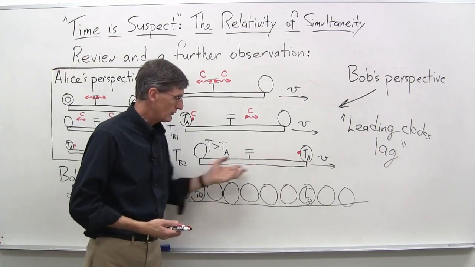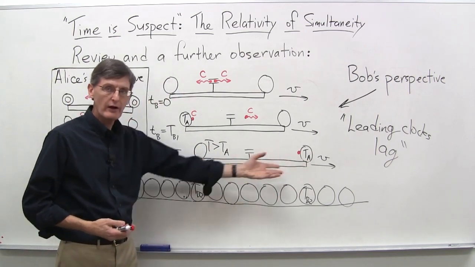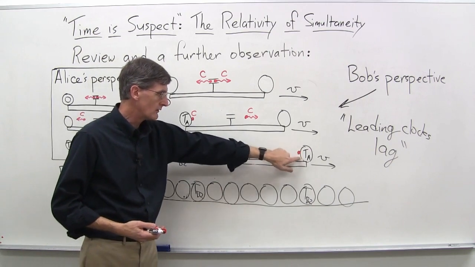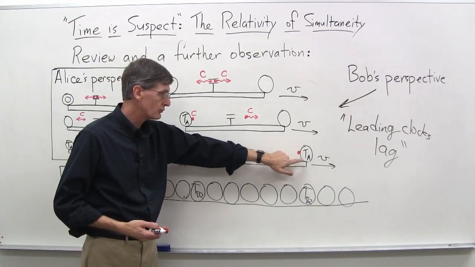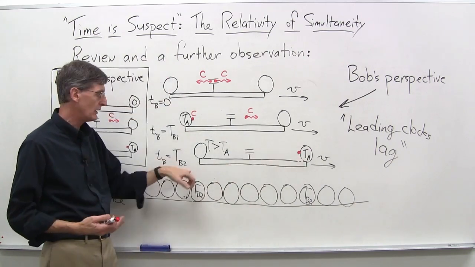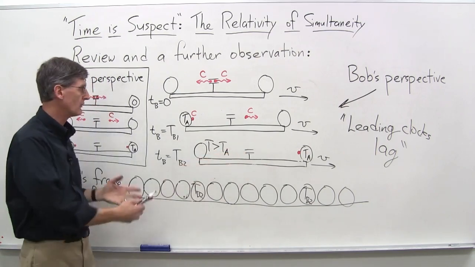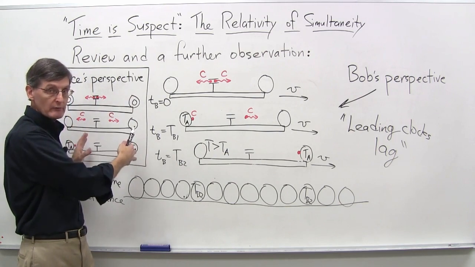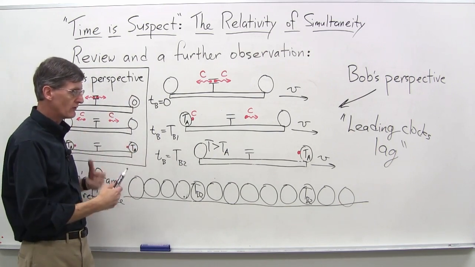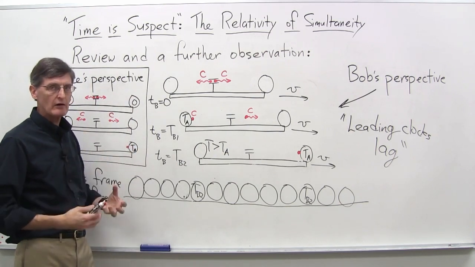If you have a set of clocks moving by you at a high velocity, the clock that's leading will trail, in terms of its timekeeping, the clock back here, assuming that their clocks were synchronized in their own frame of reference, in Alice's frame of reference. So just remember that principle: leading clocks lag.